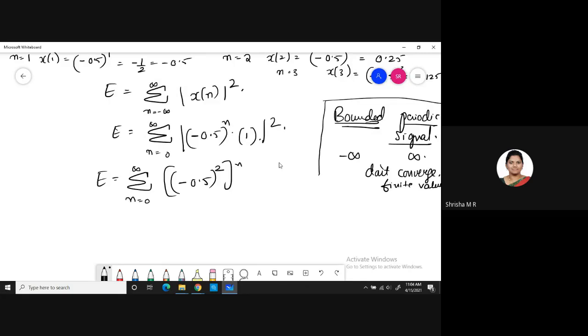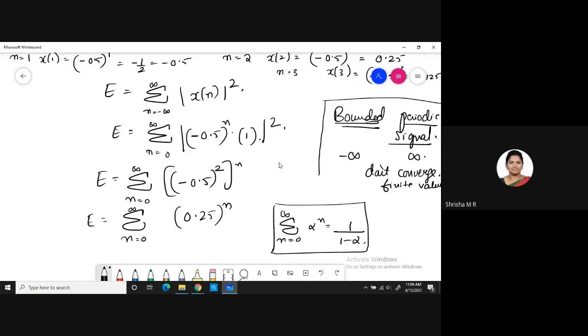I'll write 0.25 to the power of n. We have got this in the form of a geometric progression, right? Summation n equal to 0 to infinity of alpha to the power of n is 1 by 1 minus alpha. Our alpha is 0.25. So what is your energy now?